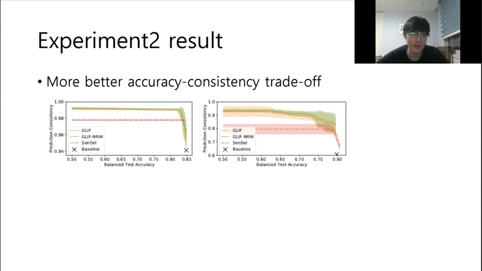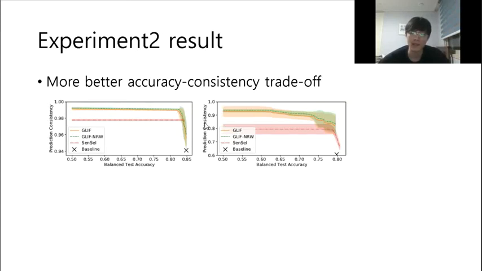The experiment 2 result is that the left graph is the trade-off graph of bias and the right is the graph of toxicity. GRIF unnormalized is represented as the orange line like this, GRIF normalized is the green line, and SEN-SEI, that is in-processing, is the red line.